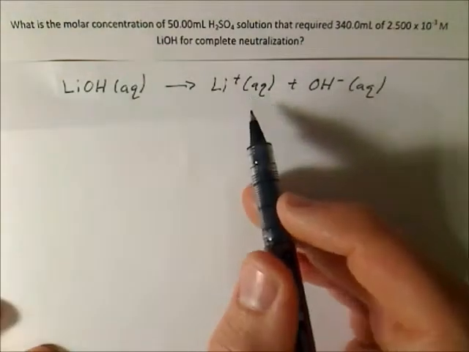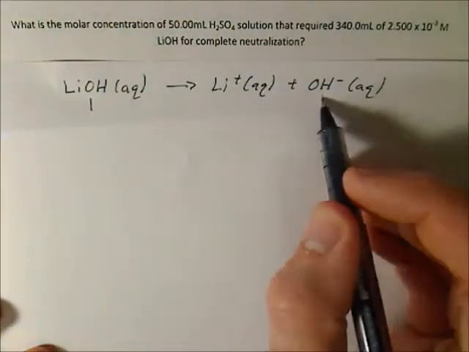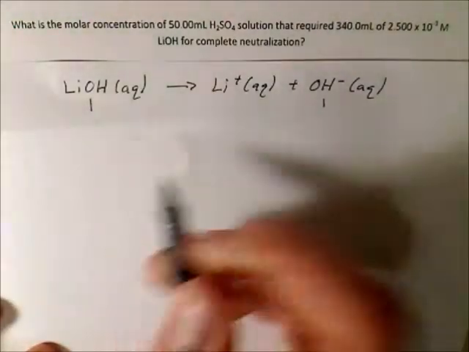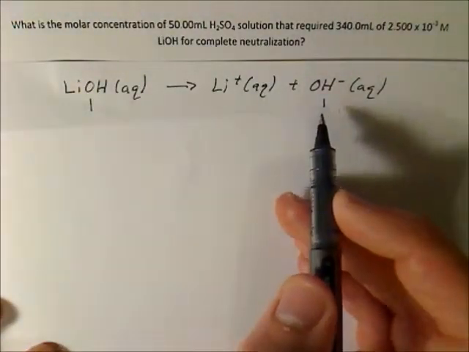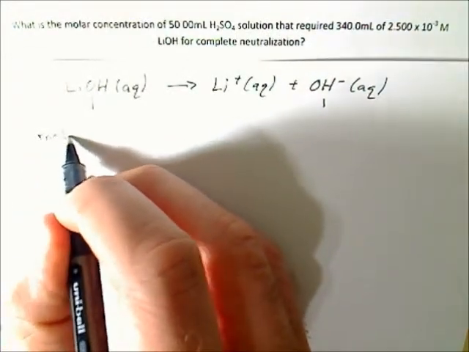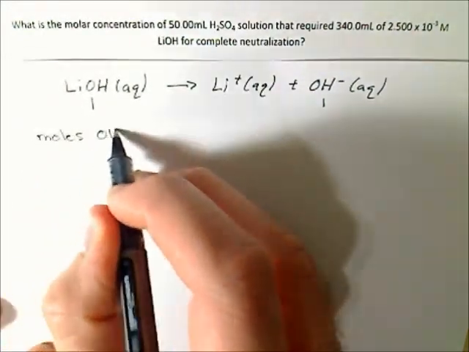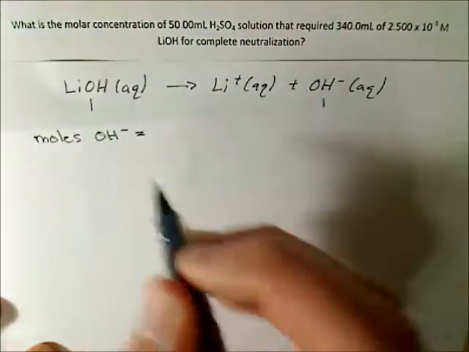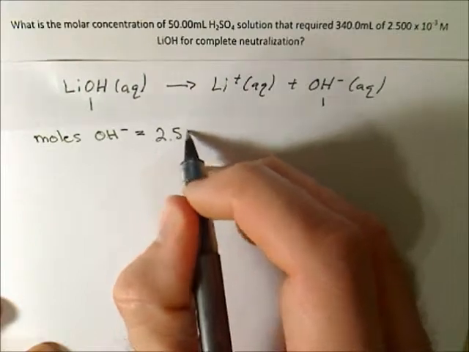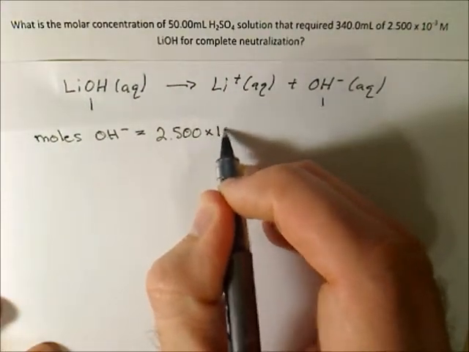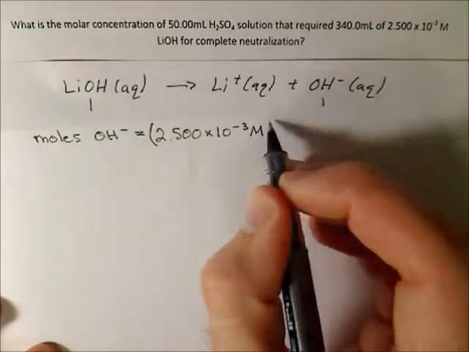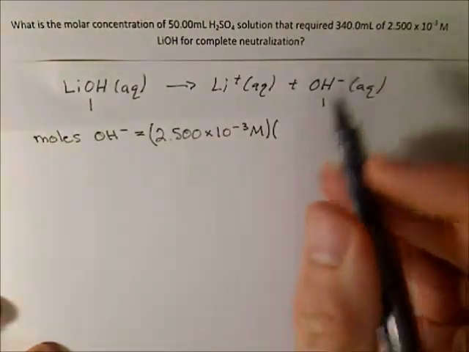Okay, but in this case we have a 1:1 ratio, so we don't have to do anything special here, so we can just find our moles of hydroxide. And we got to convert our milliliters into liters.